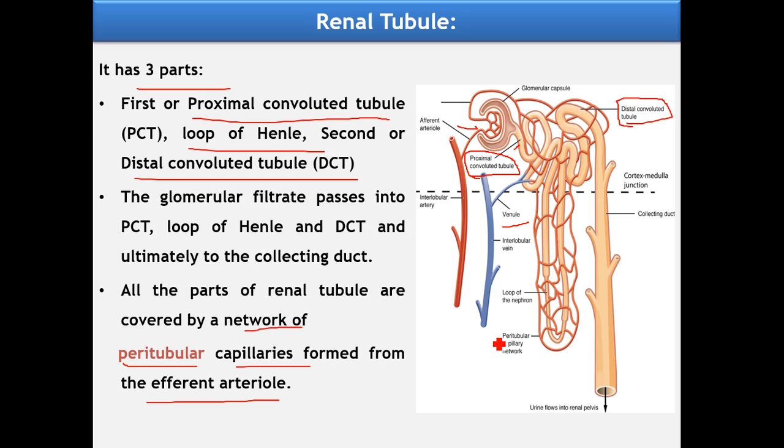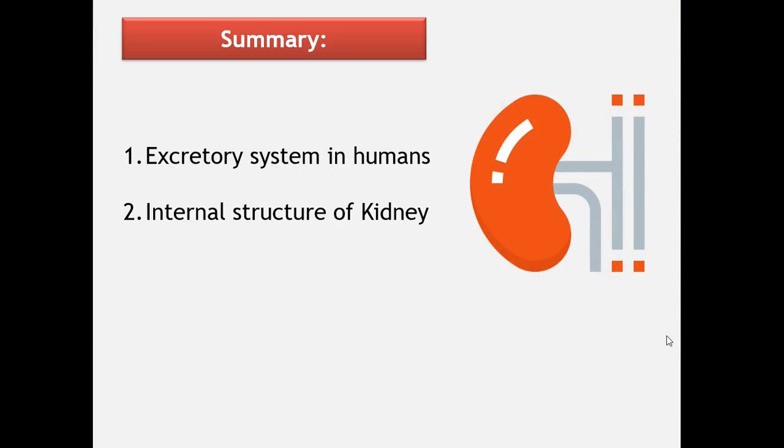The renal vein brings out the deoxygenated blood, which is free from waste materials, because waste materials are already filtered in the nephrons. It brings this deoxygenated blood, free from waste materials, from the kidney and passes it to the inferior vena cava. This is all about the internal structure of kidney.